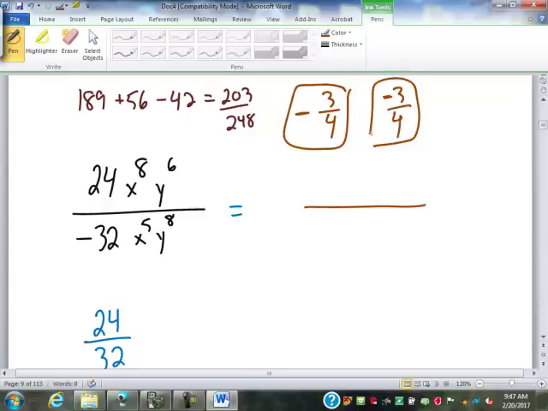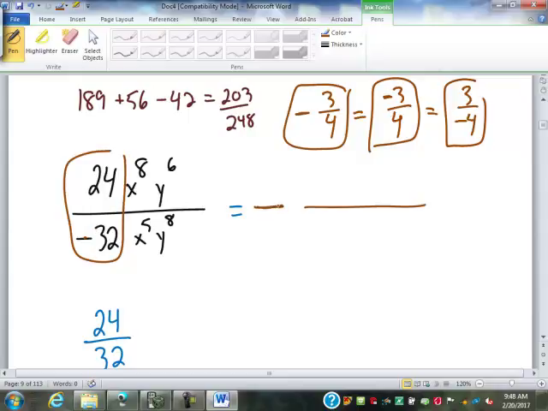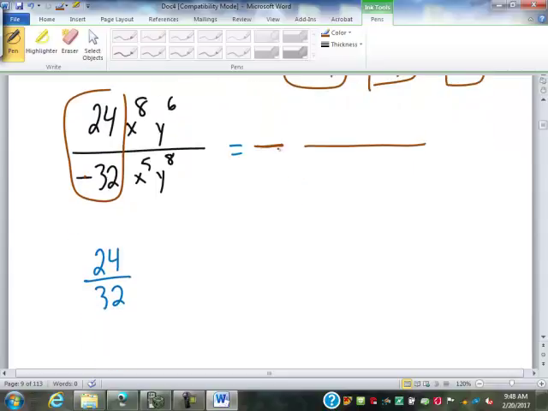Negative 3/4, what's a negative divided by a positive? It's a negative, so that's equivalent. How about 3/-4? A positive divided by a negative is negative. So that is equivalent. All of those signify a negative. So when I have a fraction with just one negative in it, I can just put that negative out front. The whole thing is a negative number. So I don't have to include that negative here when I reduce my numbers.